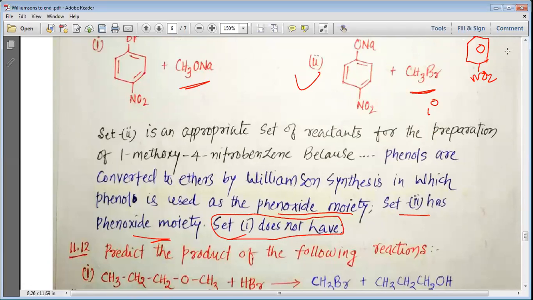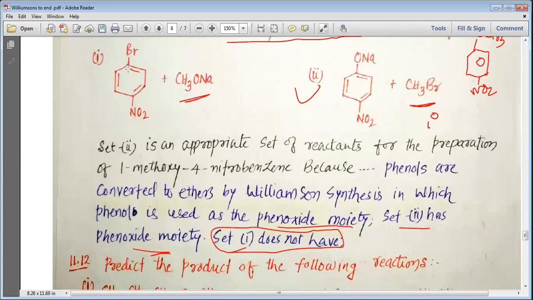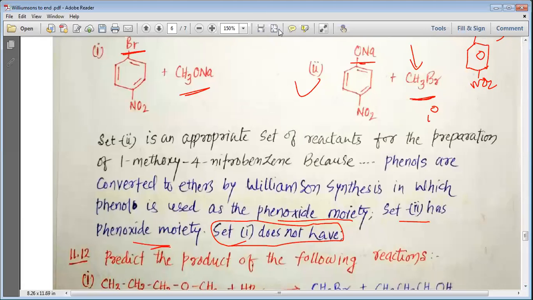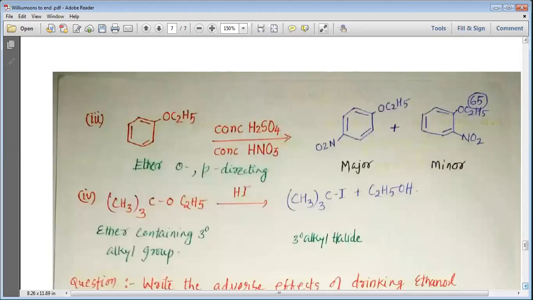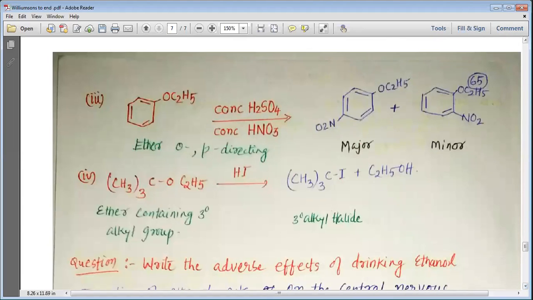We even have the benefit of the primary alkyl halide. Please remember this sentence, that when we want to prepare the aryl ether, we need the phenoxide moiety as one of the reactants during the Williamson synthesis.